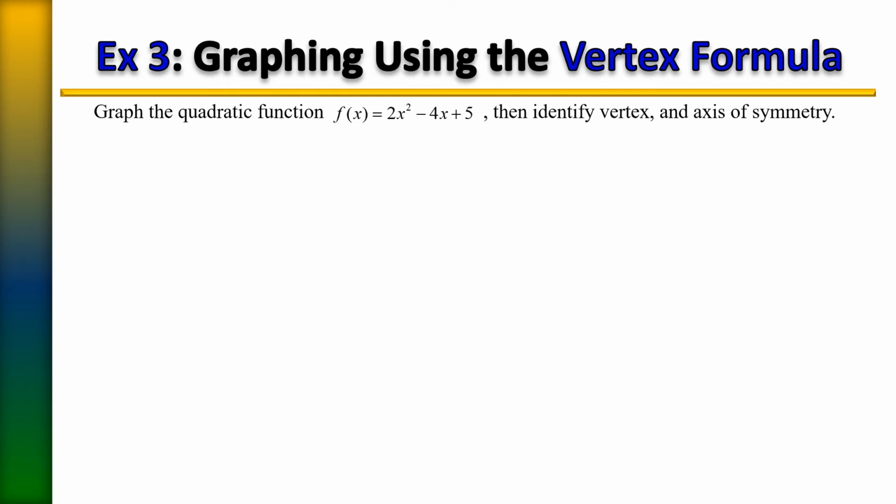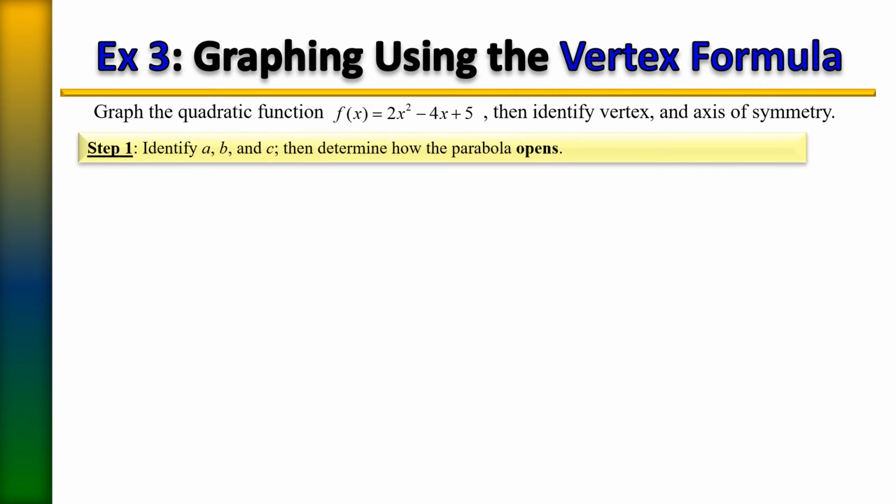Recall that when it's in this form, the coefficient of the first term, we call that A, the coefficient of the second term, we call that B, and the coefficient of the constant, we call that C. So in this case, we can see that A is 2, B is negative 4, and C is 5. We can also tell from our coefficient of the first term that because it's positive, this is going to be a parabola that is going to open upward.